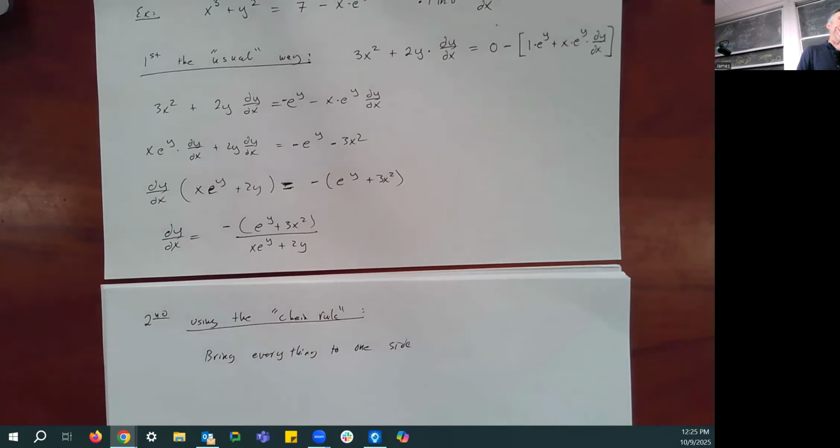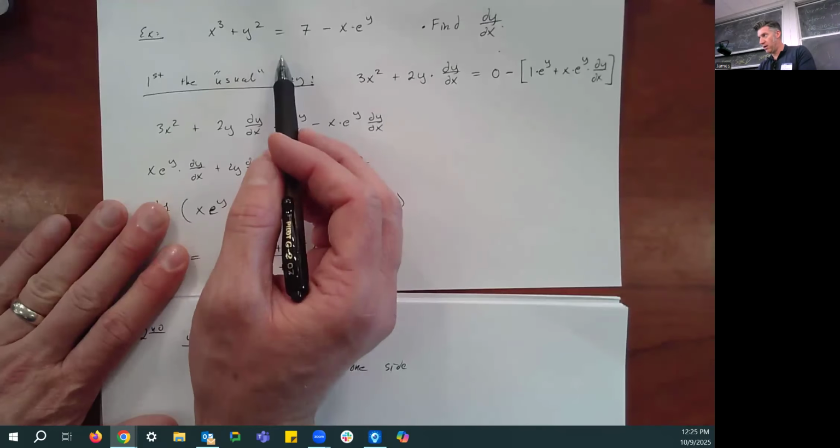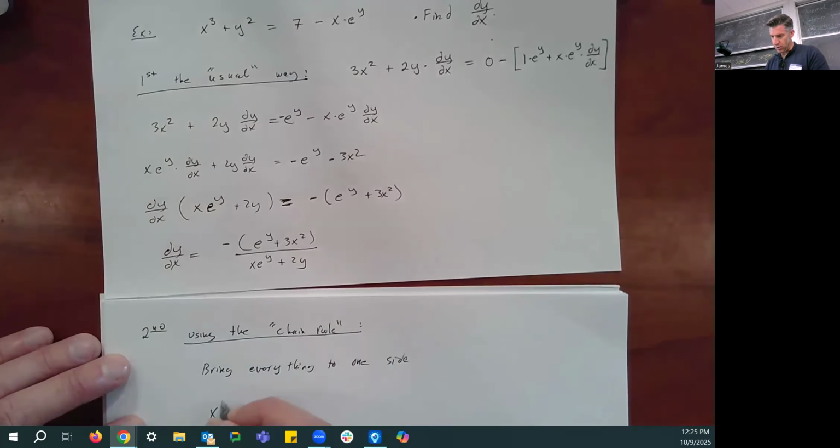Technically, it doesn't have to be 0. You could have any constant, but it's easier to say 0 and always do the same thing. So from our original equation up here, which you can't see anymore, sorry, we're going to bring everything to the left and say we have x cubed plus y squared minus 7 plus x e to the y equal to 0.